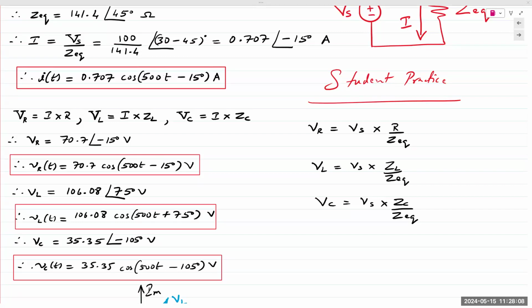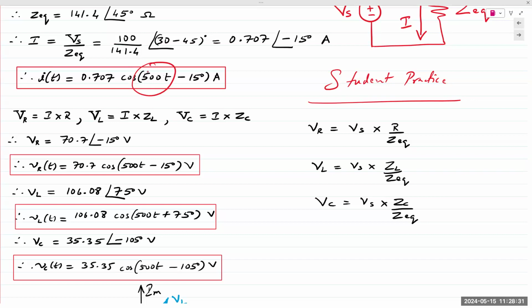Frequency is not affected. So when you perform the inverse phasor transform, you're going from the frequency domain back to the time domain. Your frequency is the same as the source frequency, 500. That does not change.